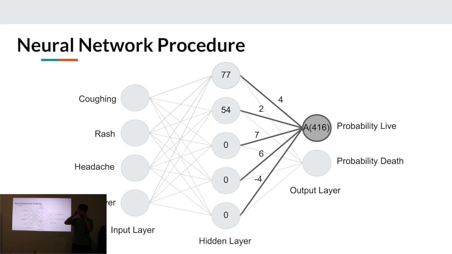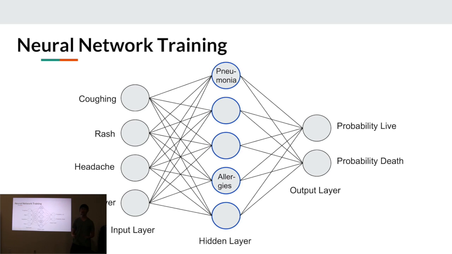Now, I think everyone should be wondering one thing: how do we get these hidden layers, and how do we get the idea that maybe one hidden layer represents pneumonia and another represents allergies? Well, let's consider what the machine knows about pneumonia and allergies. The machine doesn't actually know anything about that. It doesn't know that this neuron represents pneumonia.